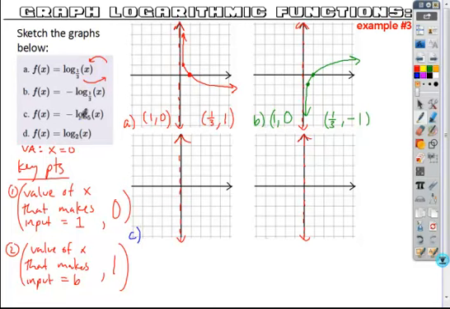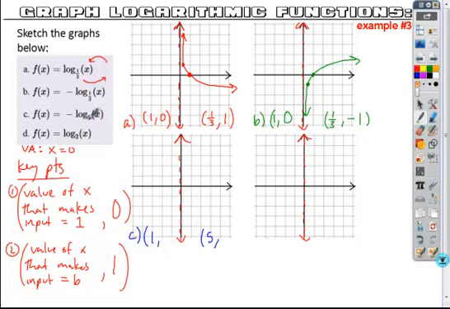Okay, for C, here we take what value of x do you need to make this input equal to 1? Again, 1. And the second point, what value of x do you need your input to equal to give you the base? 5. So those are your two key points.